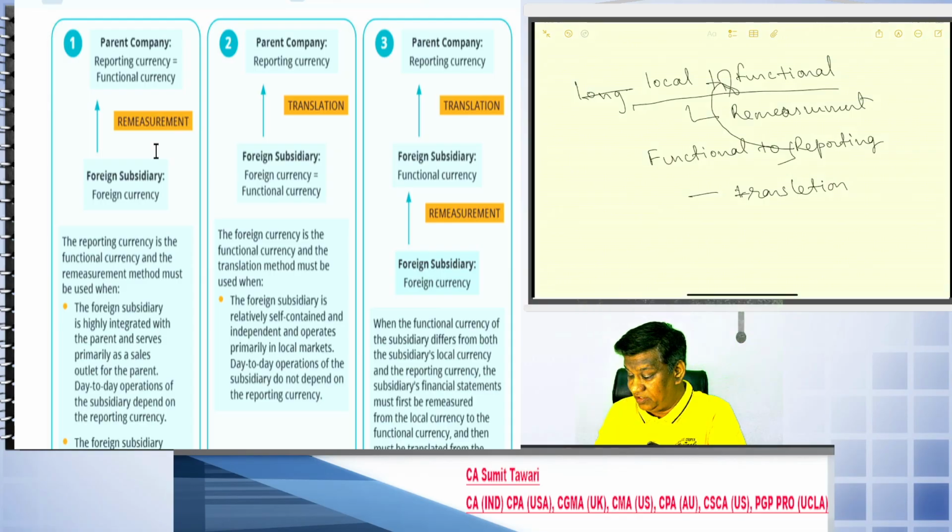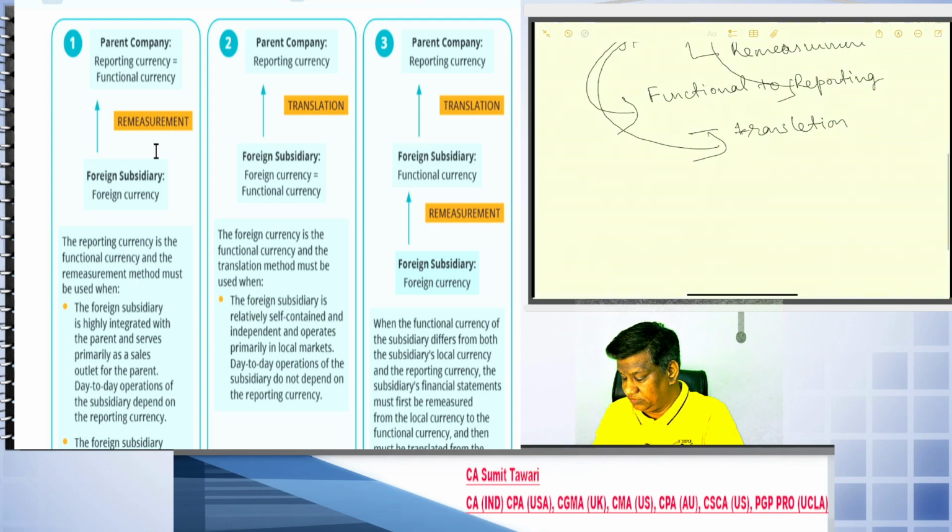And if the local currency itself is my functional currency, then in that situation you need to do direct translation.